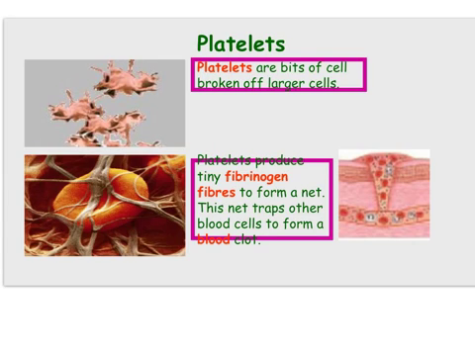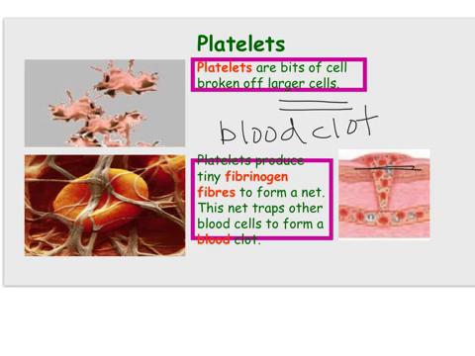So our platelets are actually bits of larger cells that we'll see in a minute, and the job of these is to produce a blood clot. We're going to talk a little bit more about those in just a minute, but when there is some kind of injury to our tissue, such as we see here, that starts some chemical signals that attract these platelets to go to the site of the injury.